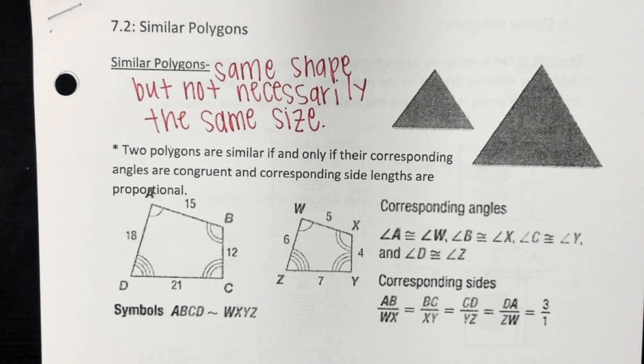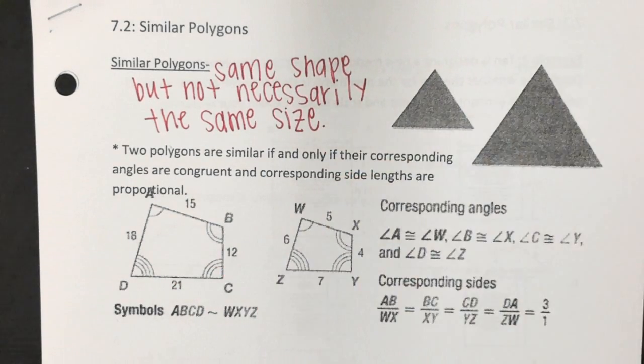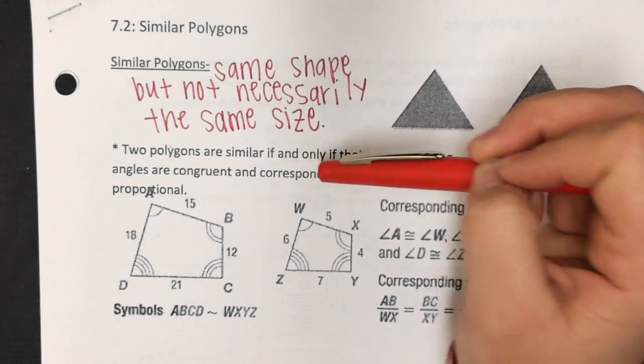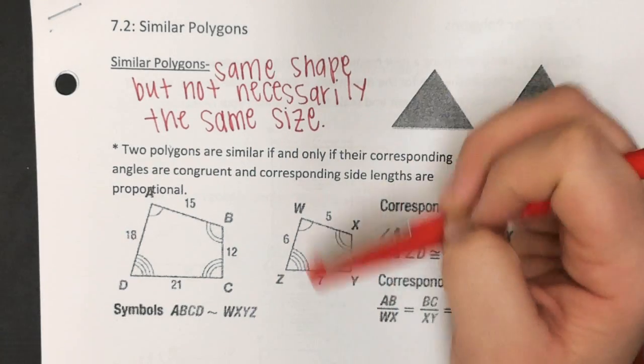So yesterday, like we were setting up proportions, similar polygons are when their congruent angles and corresponding side lengths are proportional. So they have to have the same unit rate.